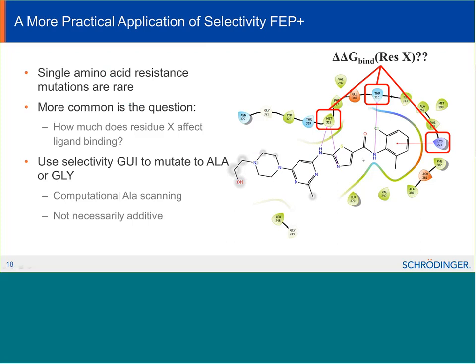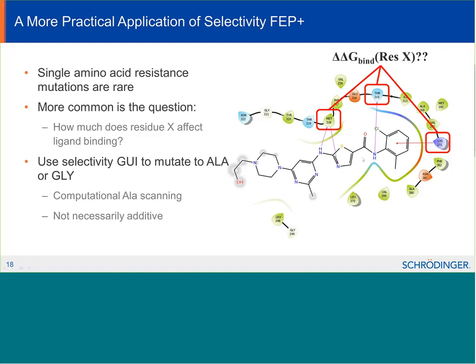So we're basically taking away the side chain, making it unavailable for interactions. And this would give us a delta G of how much this specific residue contributes to ligand binding. And that can, of course, just be of general interest to understand key parts of a protein binding pocket.